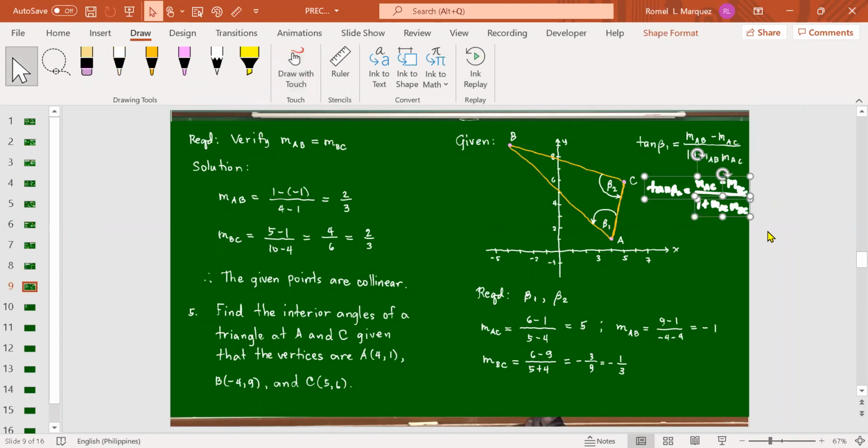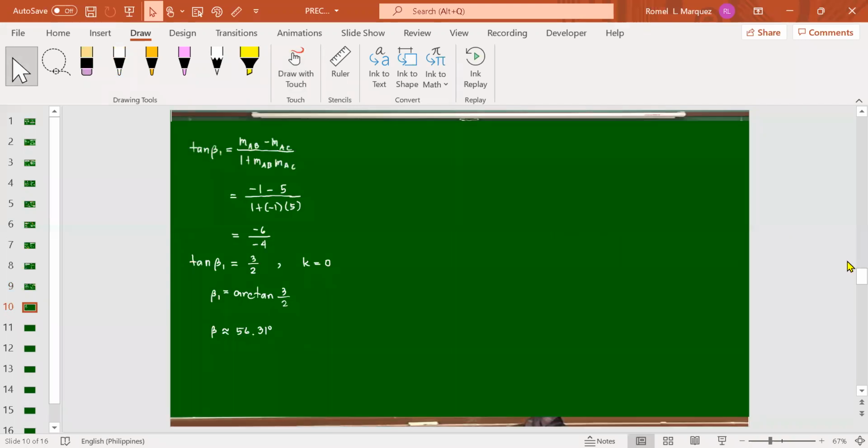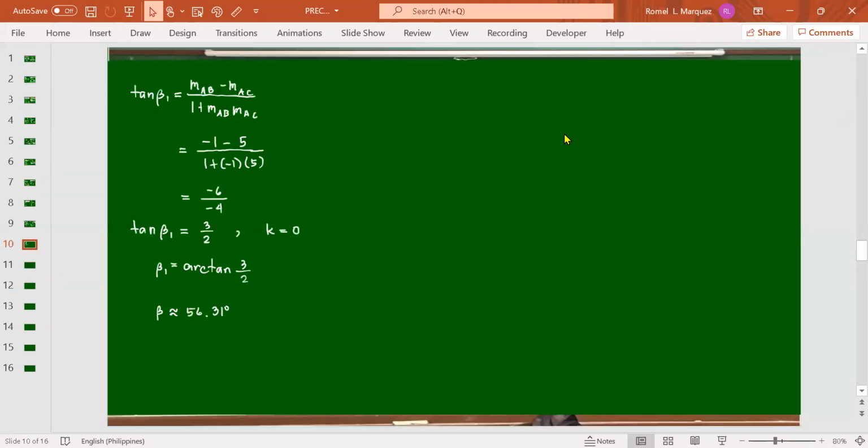So that's how you form a formula. Okay, children? So let's rewrite: tangent beta 2 is equal to m of AC minus m of BC all over 1 plus m of AC times m of BC.